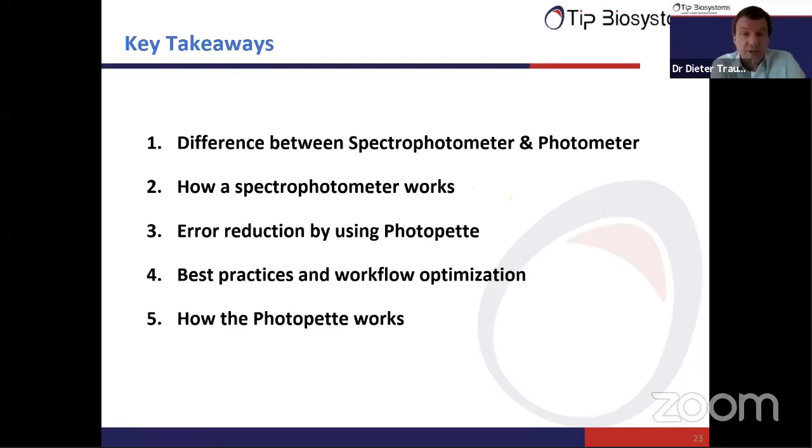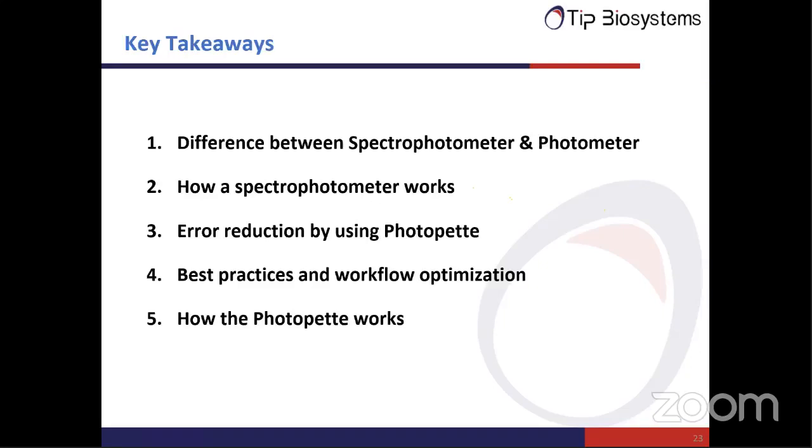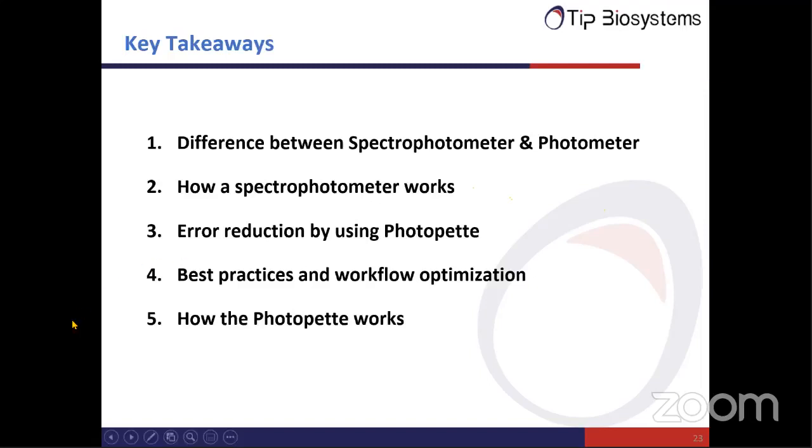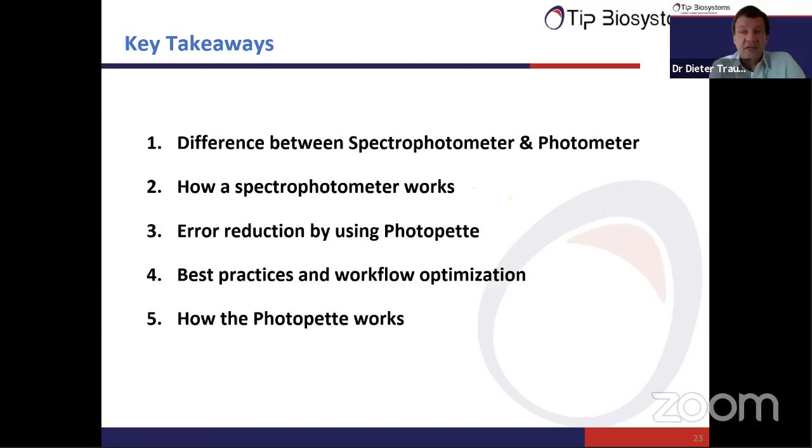We also touched on errors, systematic errors and random errors, which could be there. And workflows: we have the traditional workflow with the benchtop instruments where you fill in your sample in a cuvette.